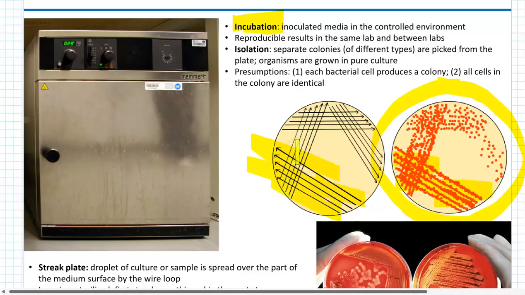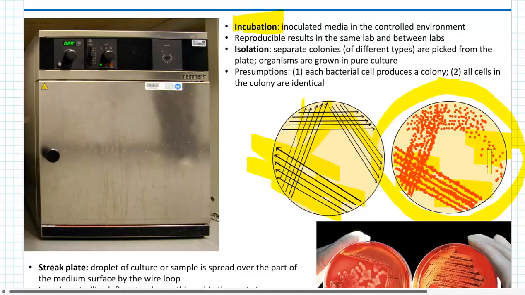Then you wash the knife, and you spread a small amount of that first chunk of butter over the next couple of inches of your big slice of bread. Clear? And you keep going, you're effectively diluting each streak further and further, so eventually you start seeing individual colonies.